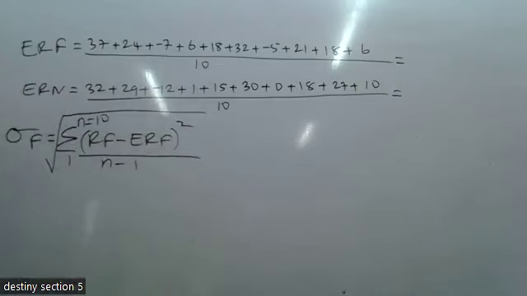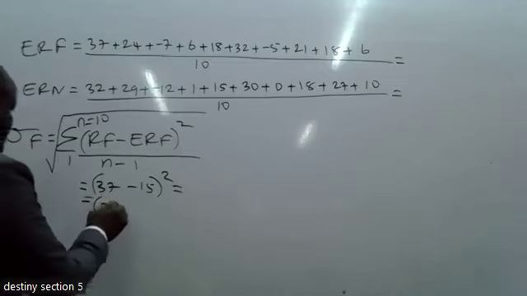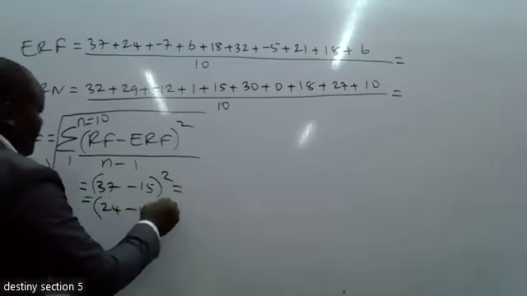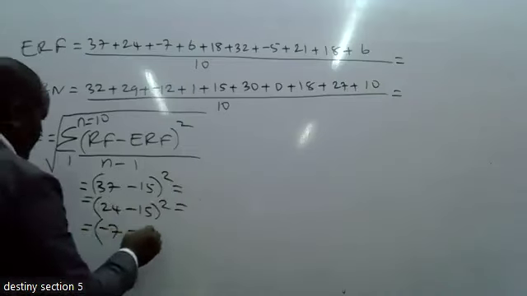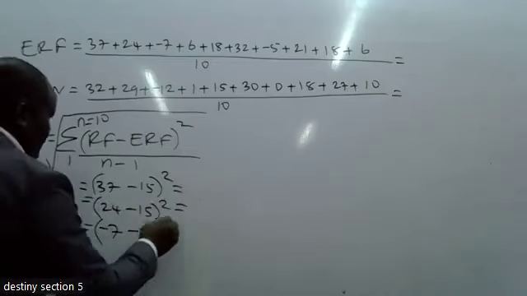So the first return for F is 37. Subtract the expected return, which was 50, and square. We add all of them together before you divide by 10 minus 1. The second one is 24 minus 15, squared, get the value. Then also get the value for the others.